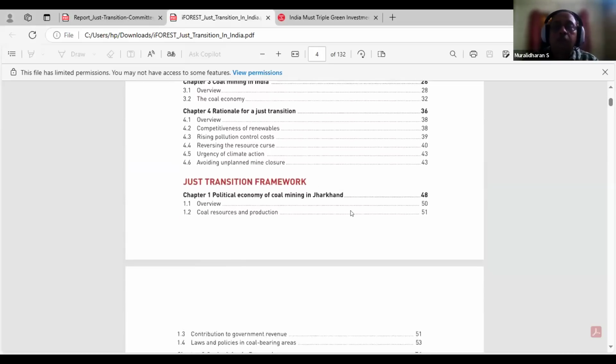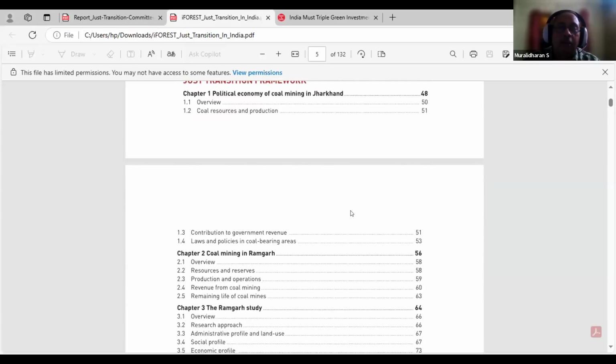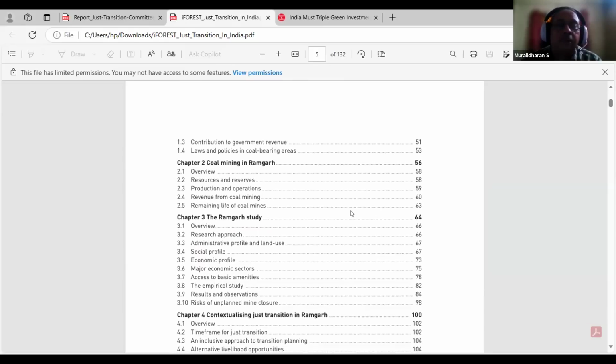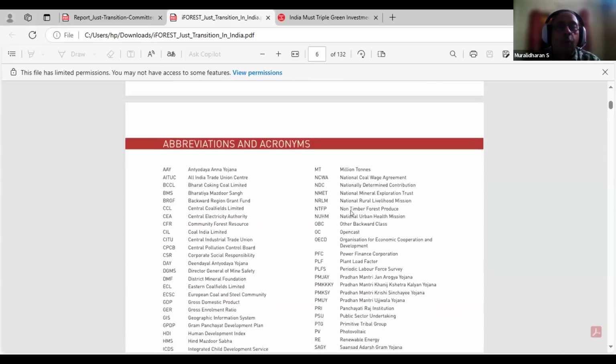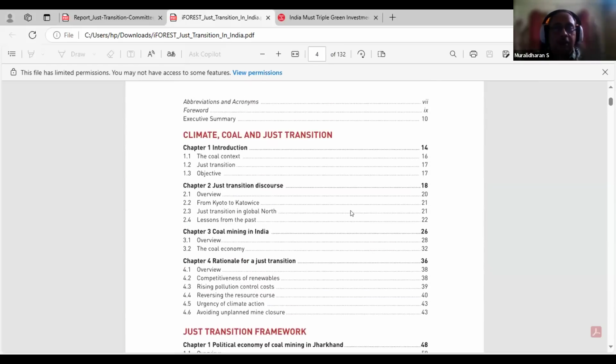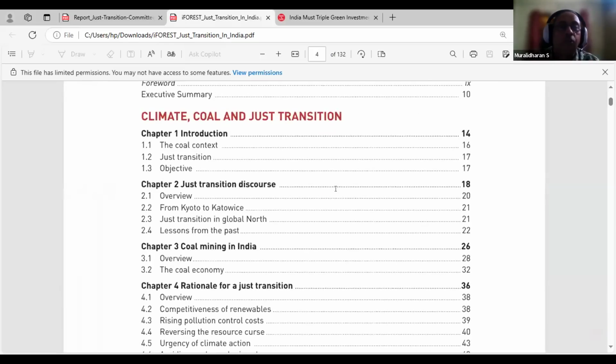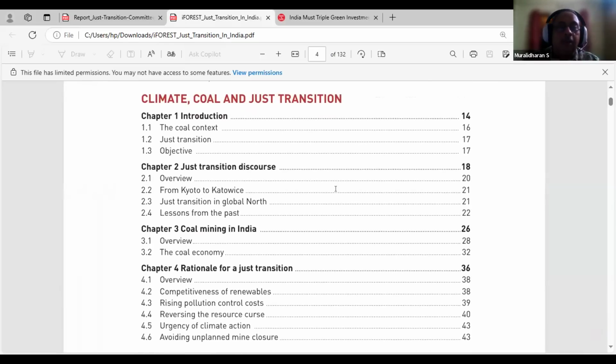But you all will know, practically, the coal industry is not a simple organization. You have Coal India, which is a Navaratna, a very huge mammoth organization. And tomorrow you say, I'm going to shut this down. It is not possible.